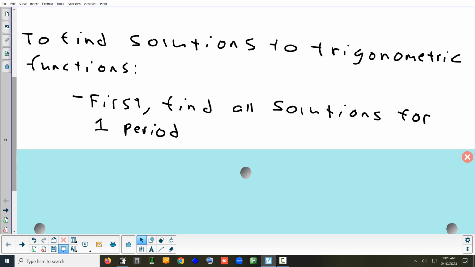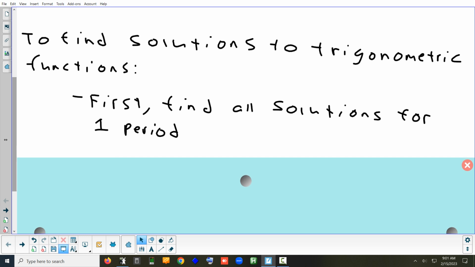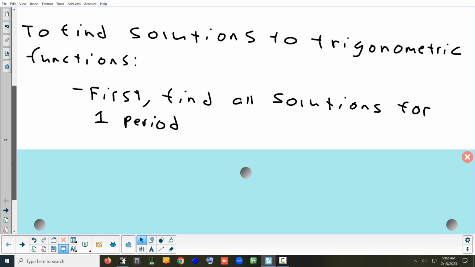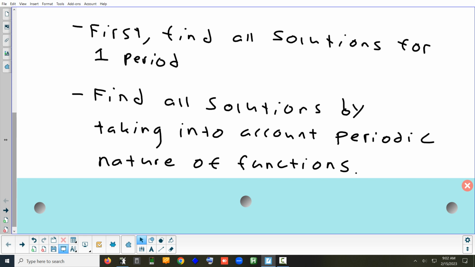So the first step is to find all the solutions that are within one period. And we're going to do that by setting the window on the graphing calculator to one cycle wide. And then we're going to take into account the fact that, well, there's one solution in this cycle, but it really repeats forever.